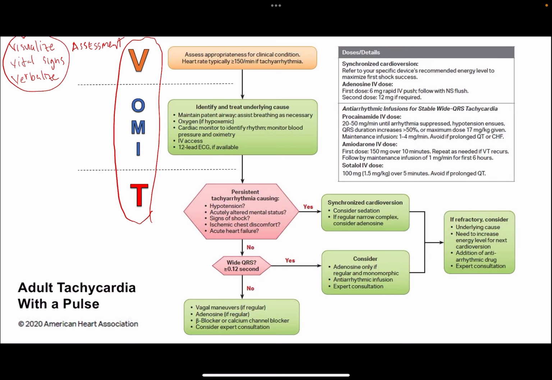If your patient is complaining of pain, it's much better to use the OPQRST pain assessment.